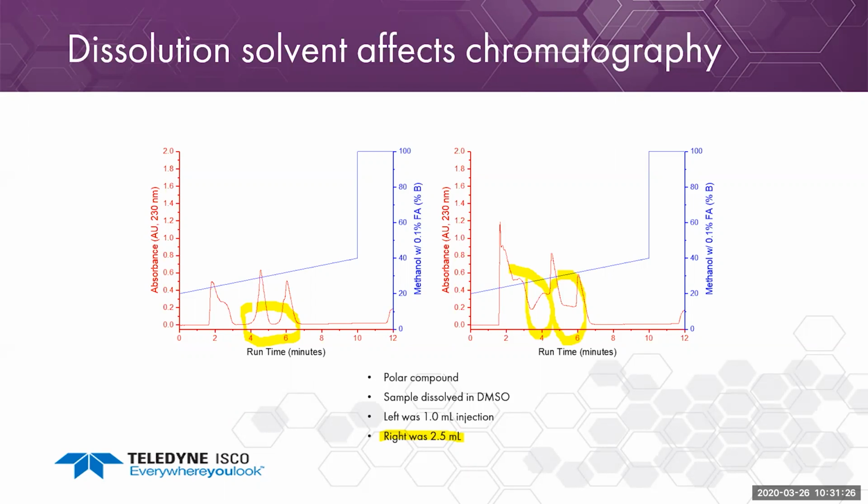While DMSO is very easy to dissolve most compounds, DMSO is still stronger than water, and in fact, it's stronger than 20% water, which is where I started my gradient. So it does act a little bit as a chromatography solvent, and is somewhat of a strong solvent, as we saw in the previous slide.